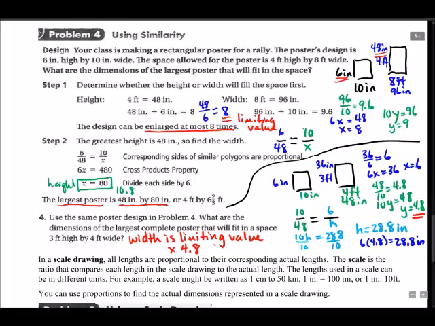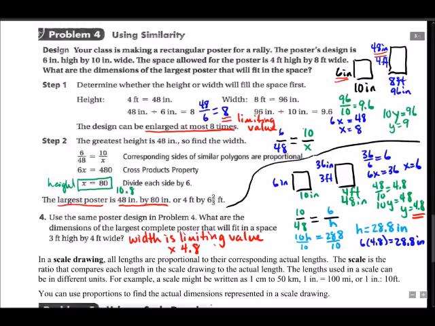The width is 48 divided by 10, or 10 times what equals 48, so our multiplication factor is 4.8. Remember, we have to go with our smallest one, because if you go too big, the other side won't fit. So our width is our limiting value, and we are multiplying by 4.8. So we can write a proportion.